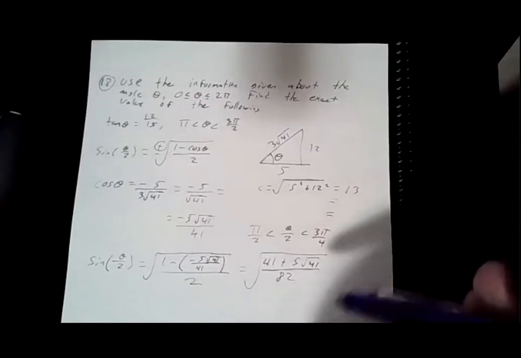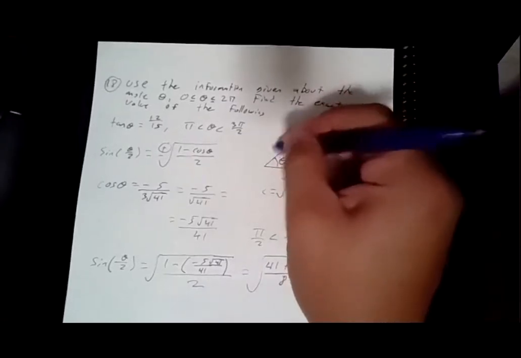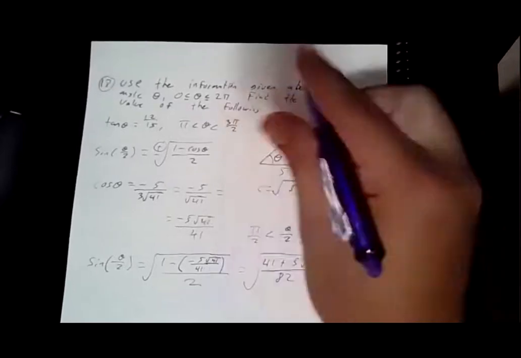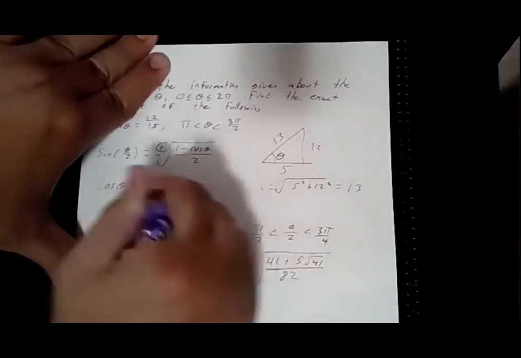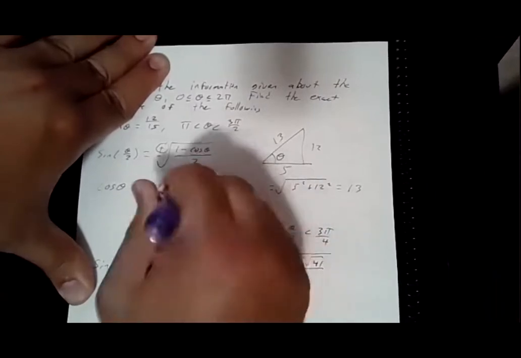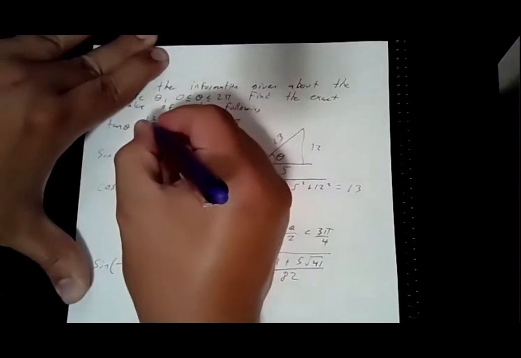Okay. So that's 13. So then this is going to change. It's going to be a much prettier question. These will change. Your tangent will change also. That's correct. 5.